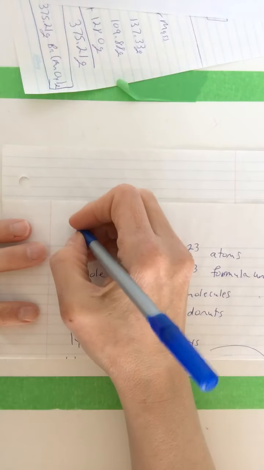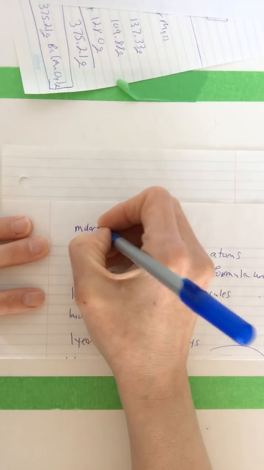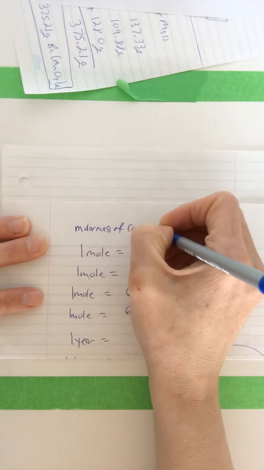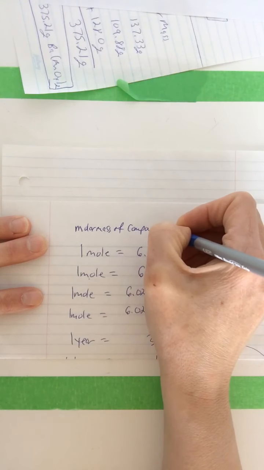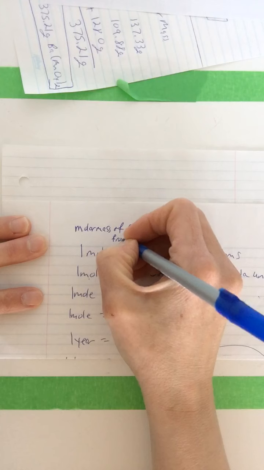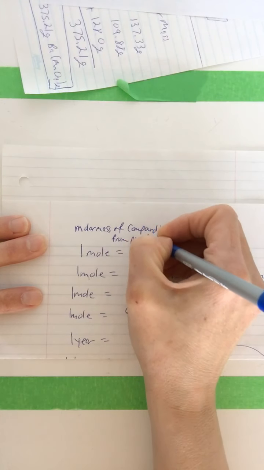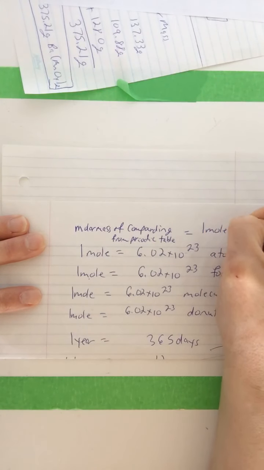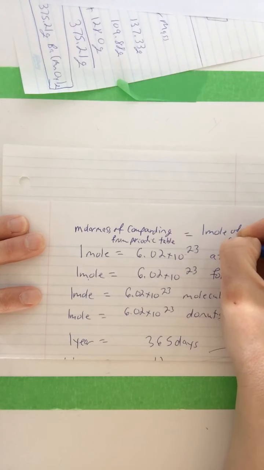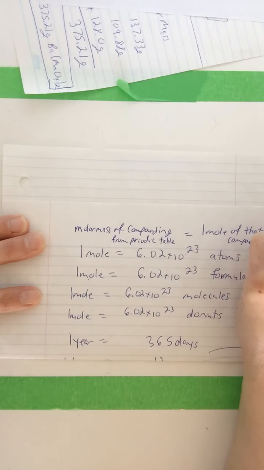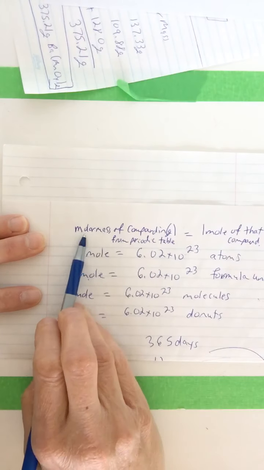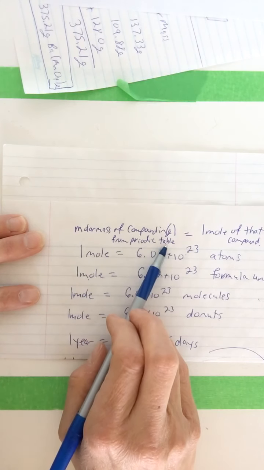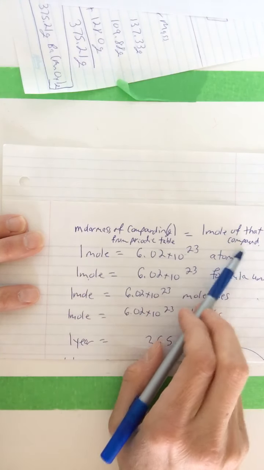What you're learning right now is that the molar mass of a compound in grams from the periodic table is equal to 1 mole of that compound.